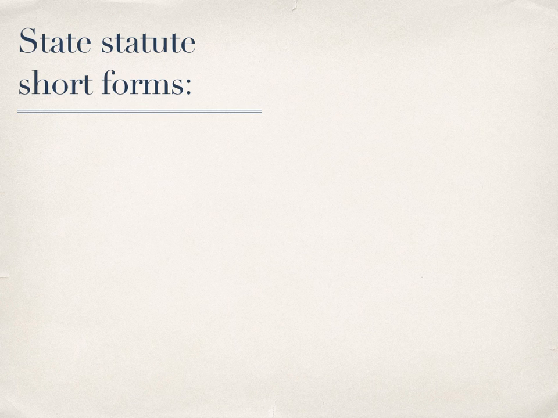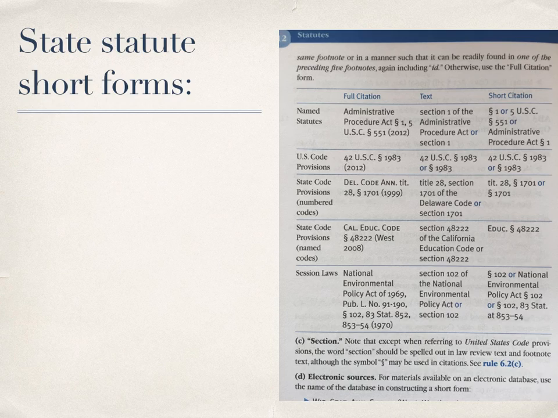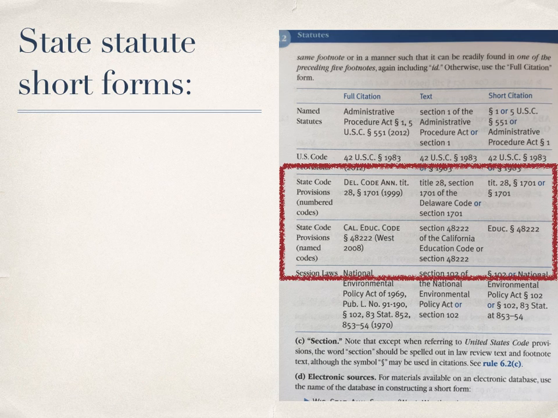If you recall back to the table I showed you from Rule 12.10, at the bottom of that table, you can find state code provisions for numbered and named codes, and some examples of how you would abbreviate it textually and in a short form citation. So let's assume that we're using the long form 705 Ill. Comp. Stat. 405/2-18 again.